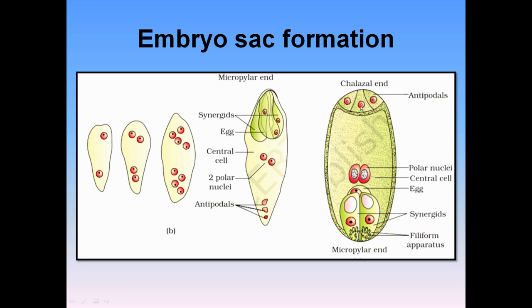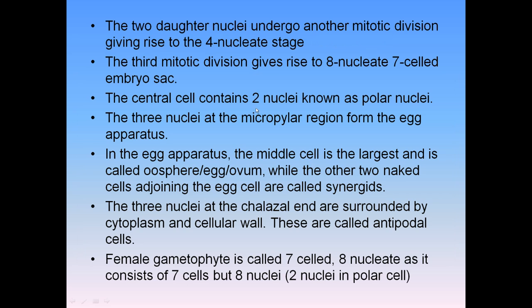And you can see at the chalazal end three antipodal cells are there, and at the central cell you can easily recognize two nuclei are there. That is a very, very important section, and you have to do all the stages in a systematic manner for the CBSE board preparation.